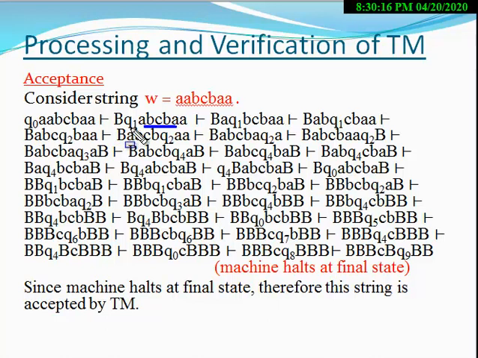At state Q1, when any input symbol appears, the machine only moves in the right direction until it encounters tape symbol C. For tape symbol A, the machine moves right. For tape symbol B, it moves right. But here, at state Q1, tape symbol C appears.